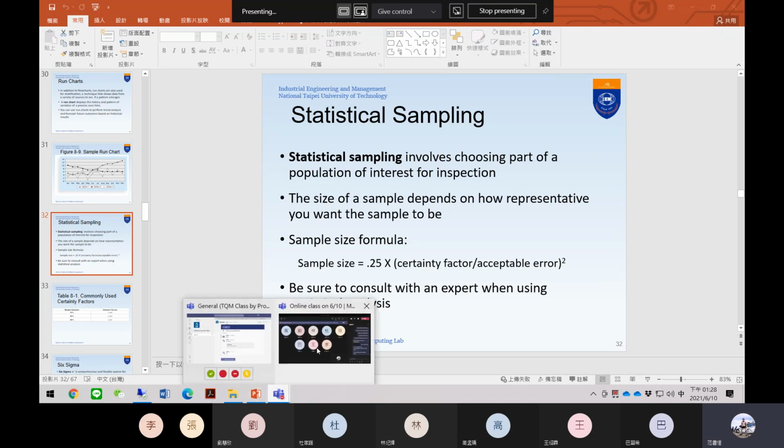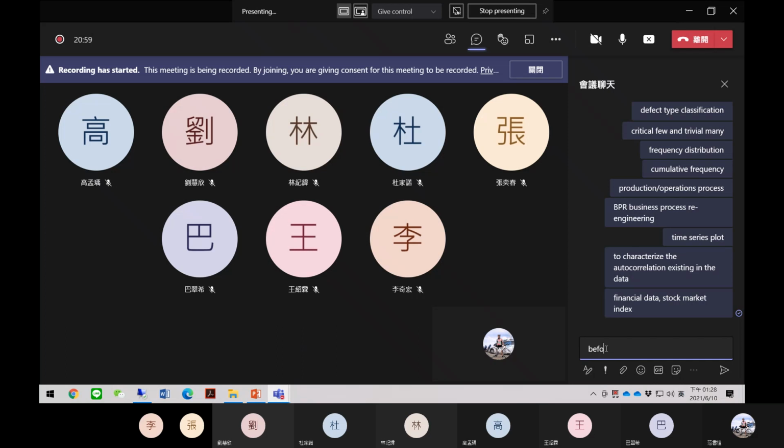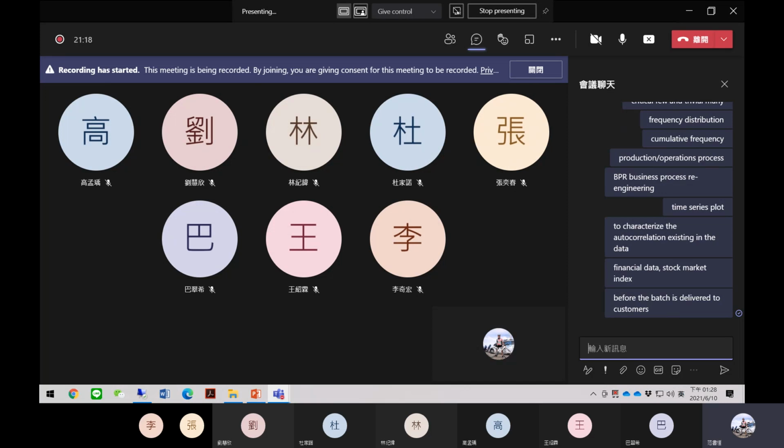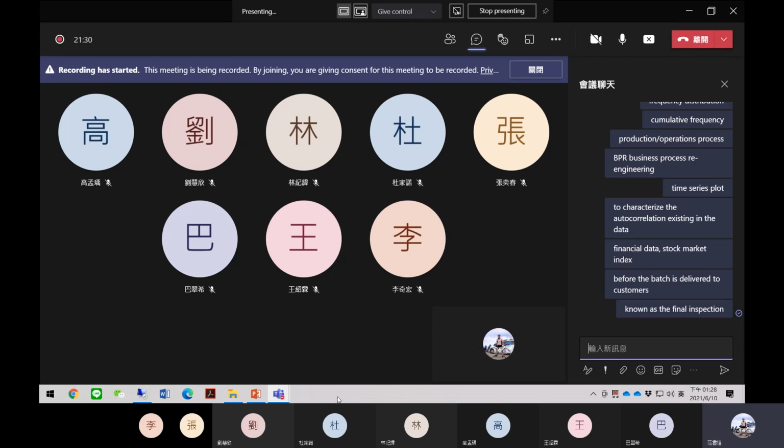Since before the batch is delivered to the customer, we need to check. So it's known as inspection before delivery.